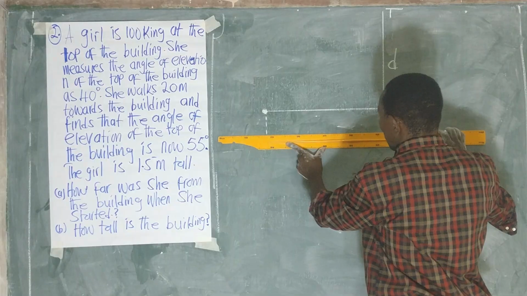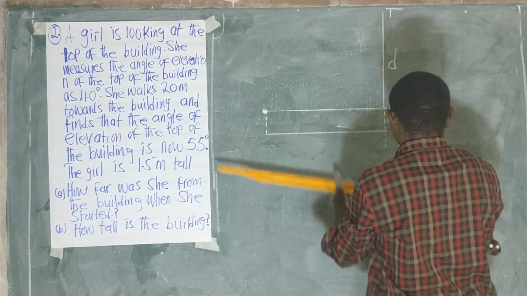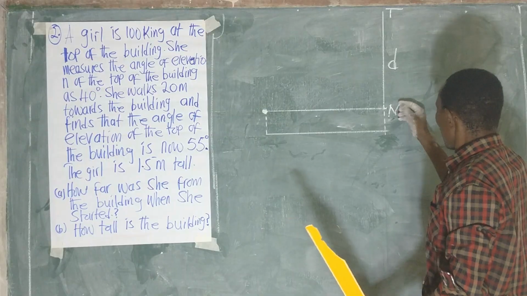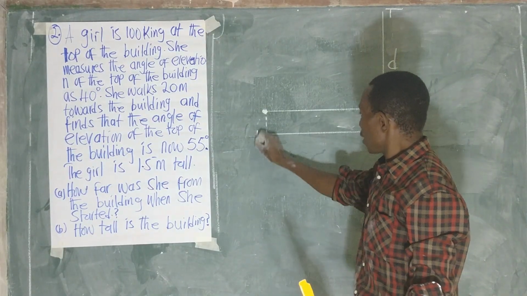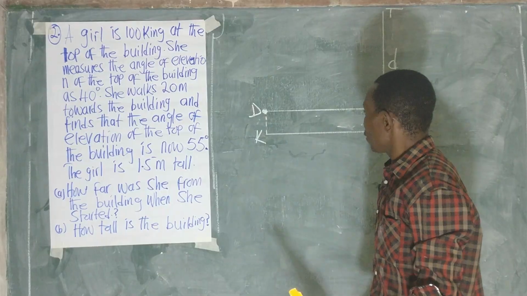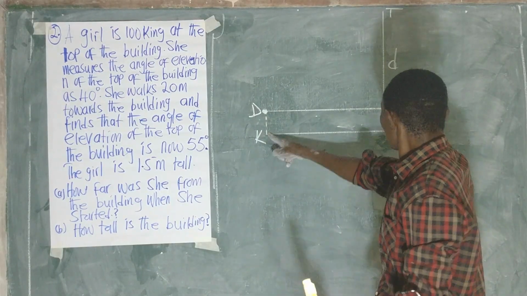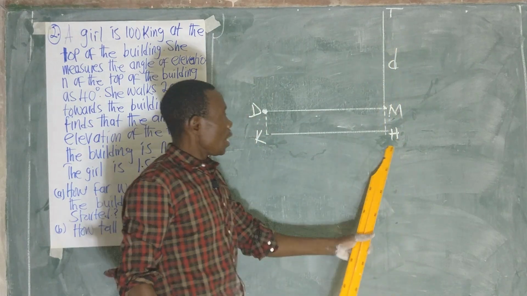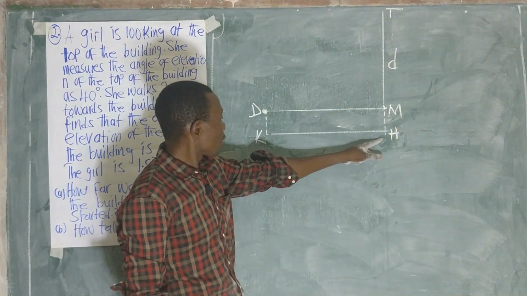If we were to extend the diagram further, it would be more like this. So KD, that's the height of a woman. Right, but TH is the height of the building.